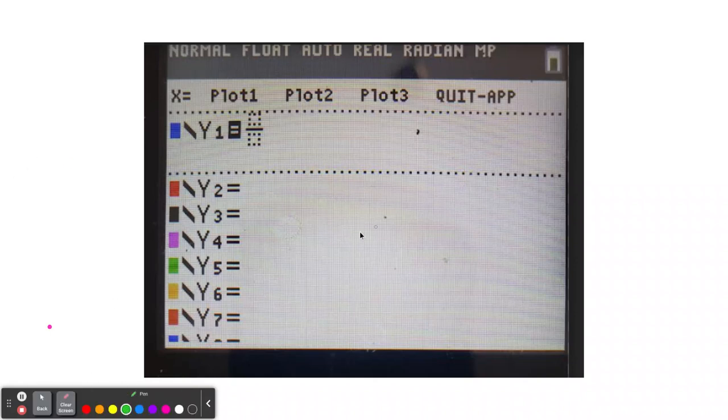So we said that f of x is x plus 3 if the condition is x greater than 0. So over here on the top one, we're going to put x plus 3, and I'll show you what this will look like. But in the denominator, you're going to put in x is greater than 0. So you put the condition in the denominator. And you do it for y2. Over here, you're going to do it for the next equation.